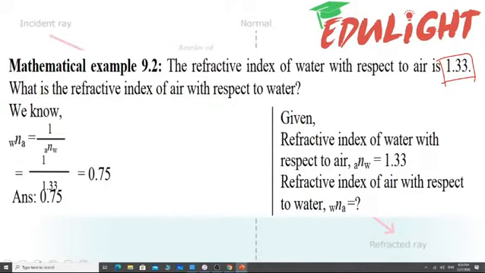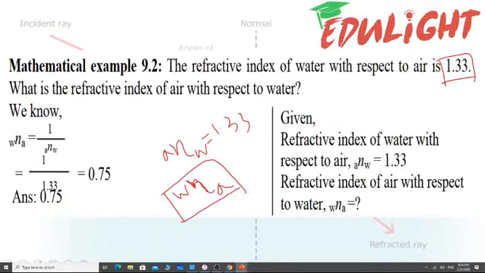That means A eta W is given as 1.33, and what you have to find is W eta A.